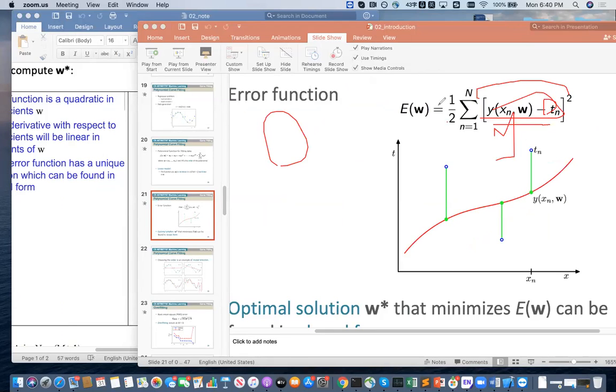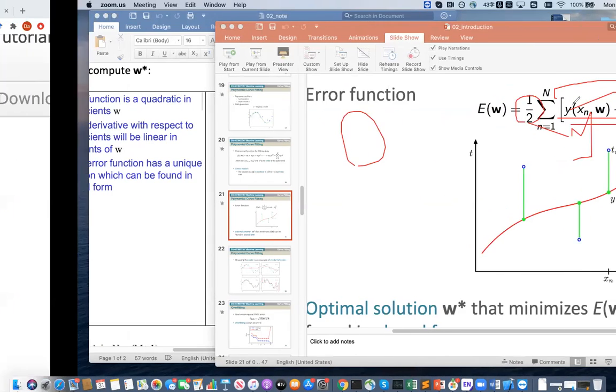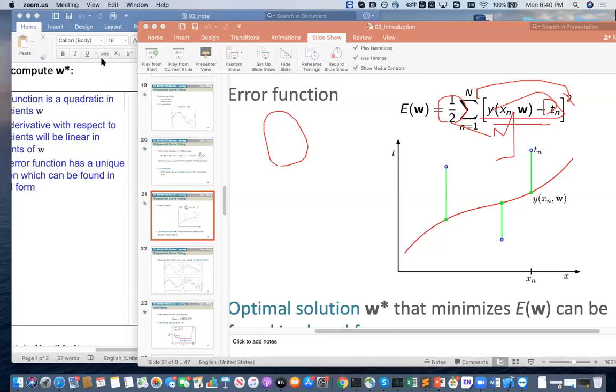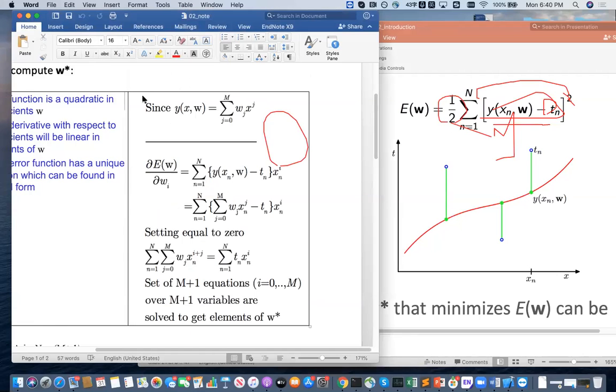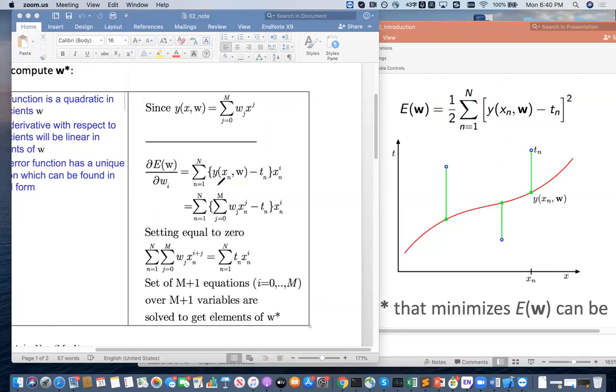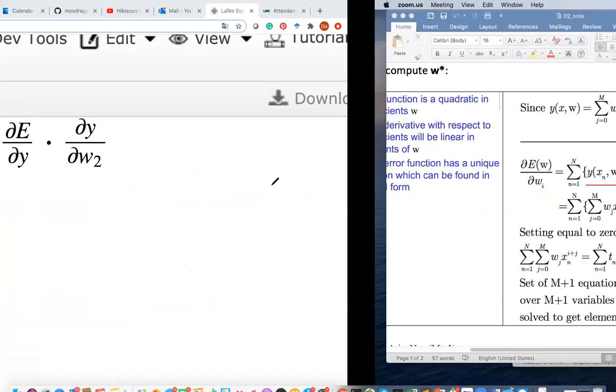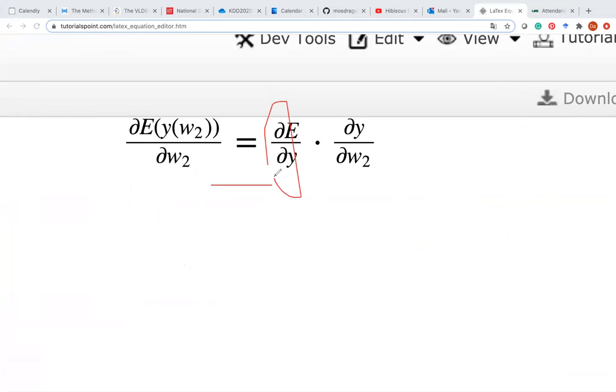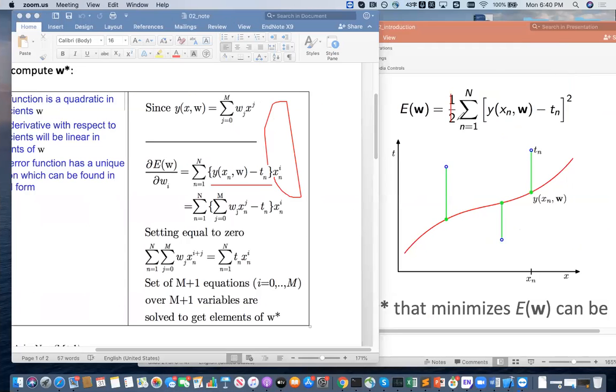And then we have this 1/2 that goes into the sum, and it cancels with this 2. So we got this first term, and this is the first part of the chain rule.